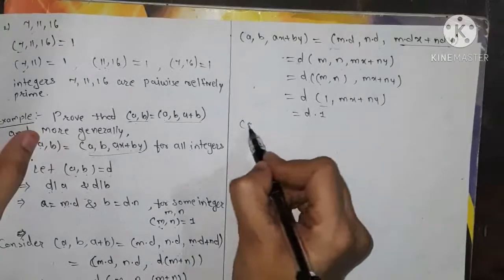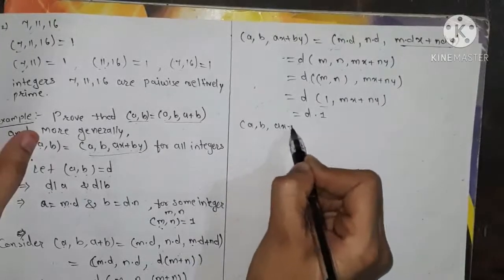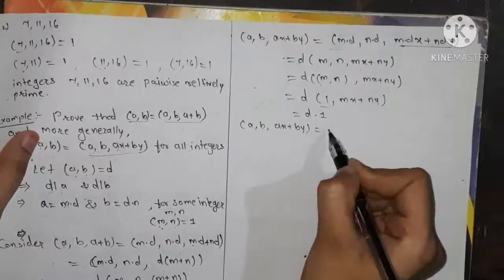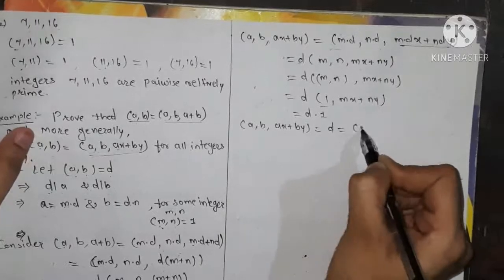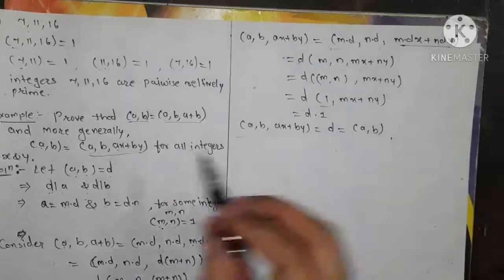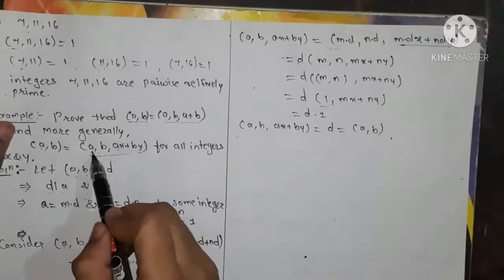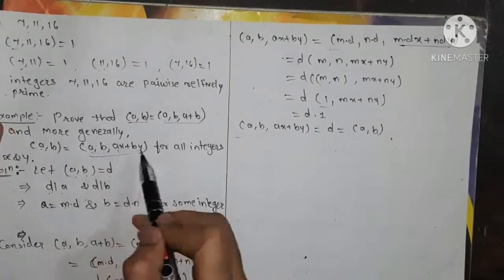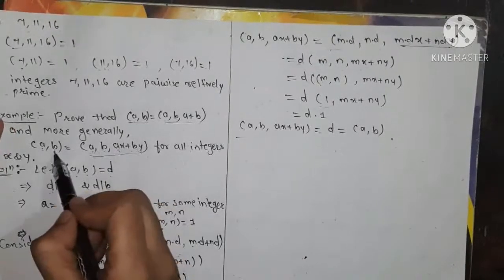So the GCD of a, b, ax plus by equals d, which equals the GCD of a, b. Hence we prove that the GCD of a, b, ax plus by is the same as the GCD of a, b.